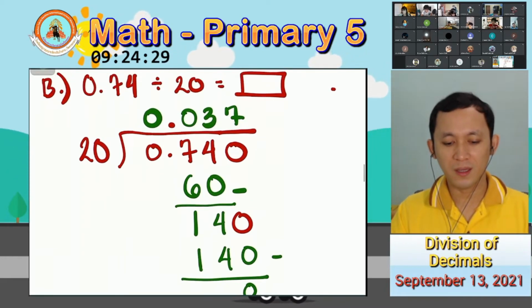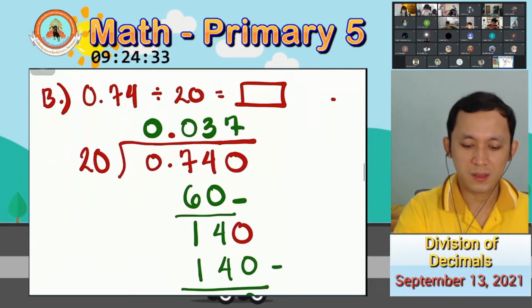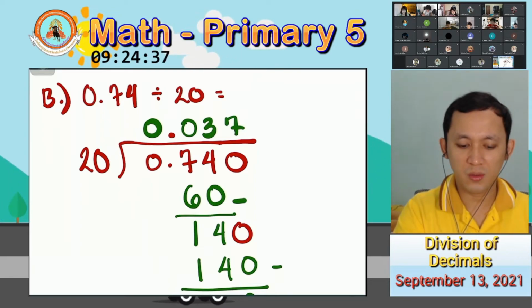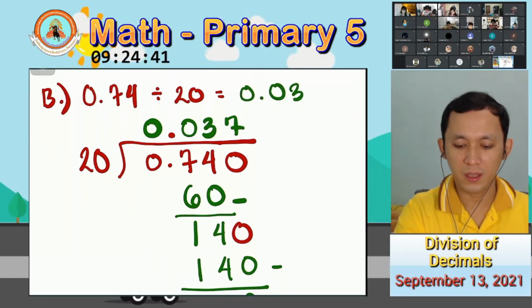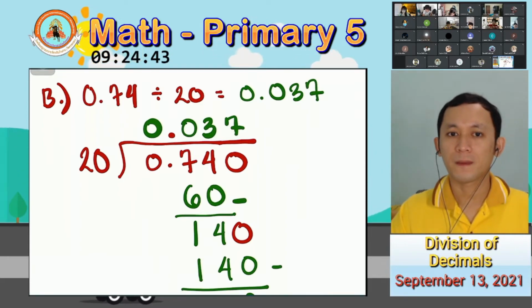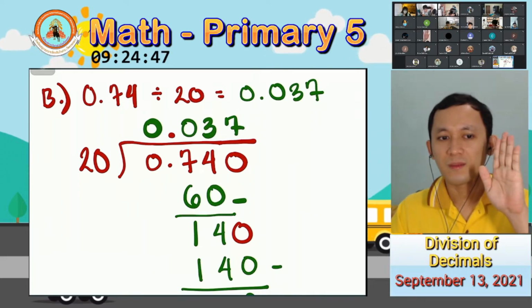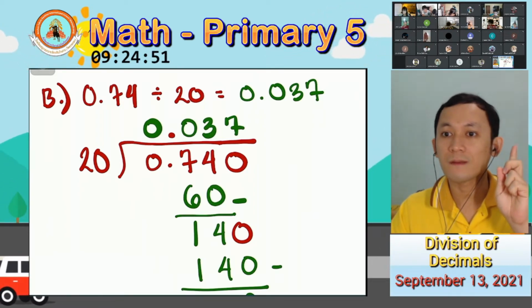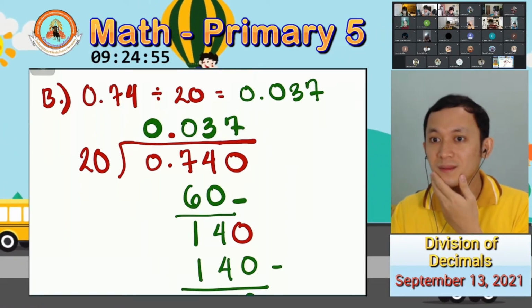Okay, so our final answer, we have 0.037. Who got the correct answer? 0.037. Hands up. Pubet is correct. Watanya is correct. Very good. Atakon, you're not correct.